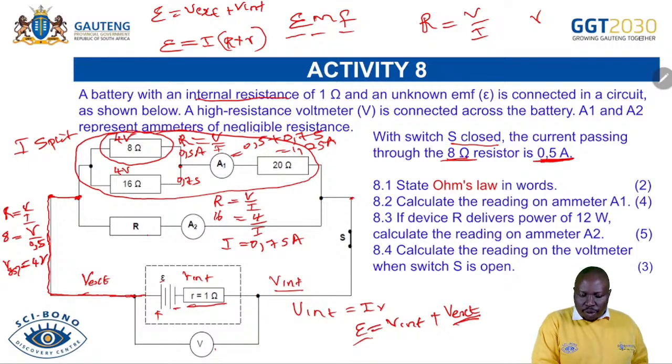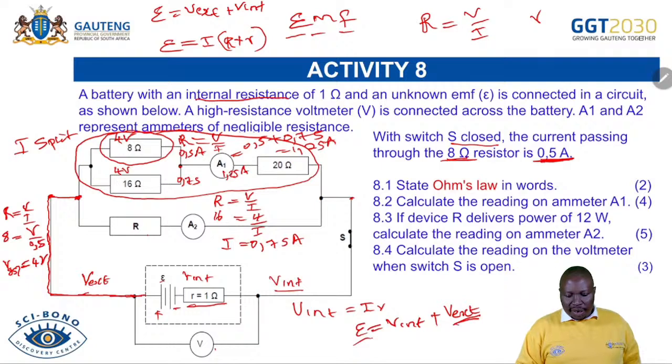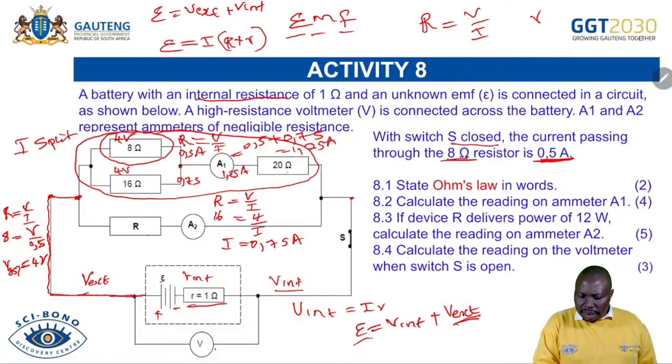If you know this is 1.25 amperes, remember this one is in series, so you know that the current remains the same, which is 1.25 here.